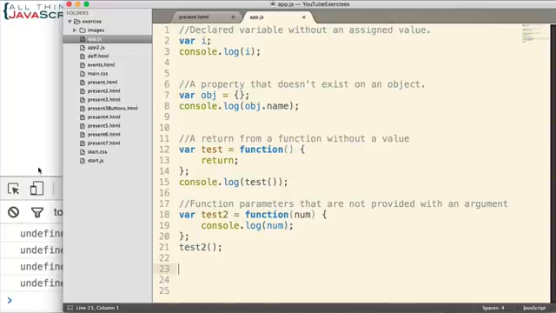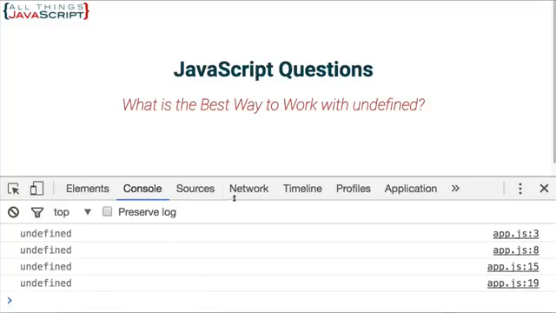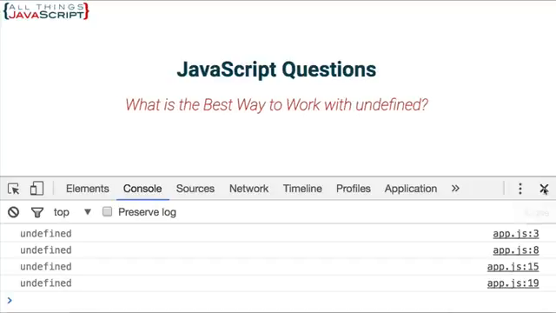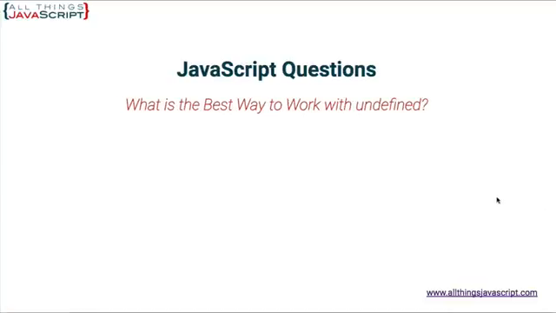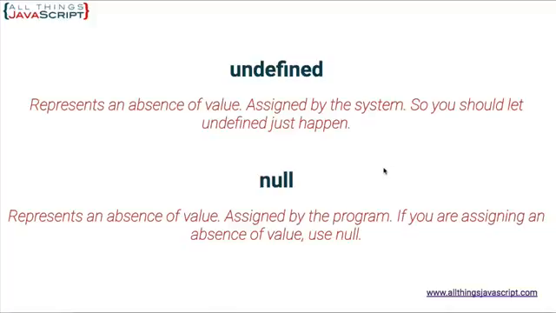So now let's take a look at some basic rules which I try to follow with undefined and null. First off, undefined. It represents an absence of value, as we talked about. It is assigned by the system. So the basic rule is you should let undefined just happen.